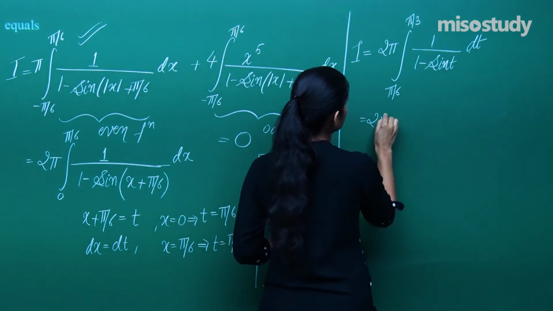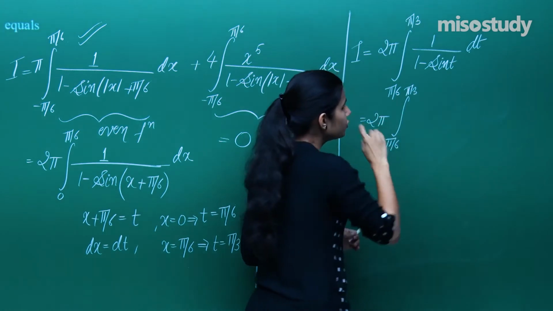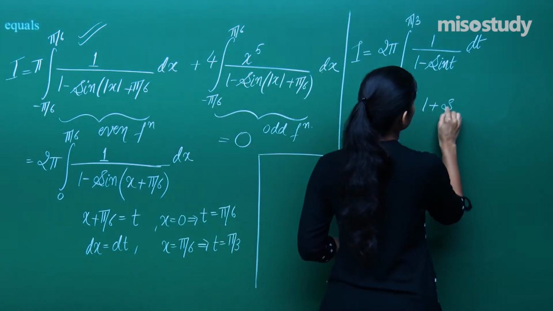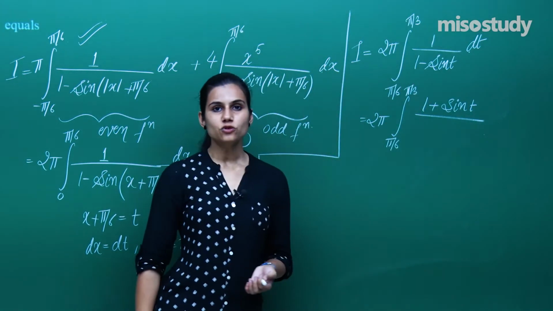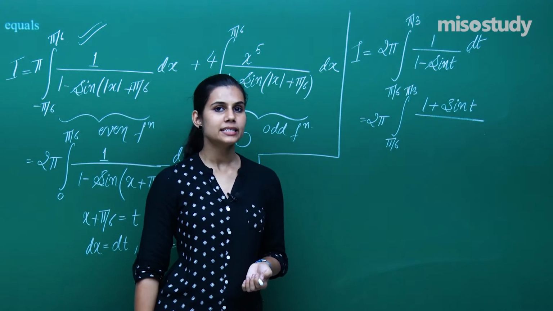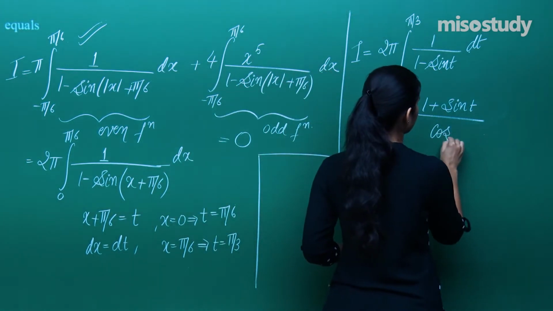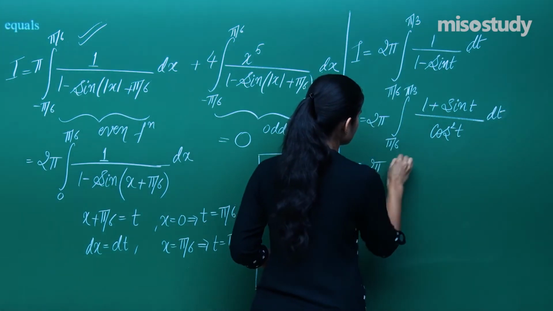So what you do here is, you multiply and divide by 1 plus sine t. In the denominator you have 1 minus sine t into 1 plus sine t, which is 1 minus sine square t. 1 minus sine square t is cos square t, dt.